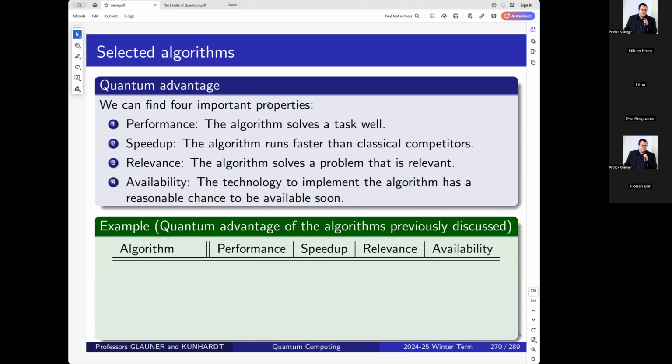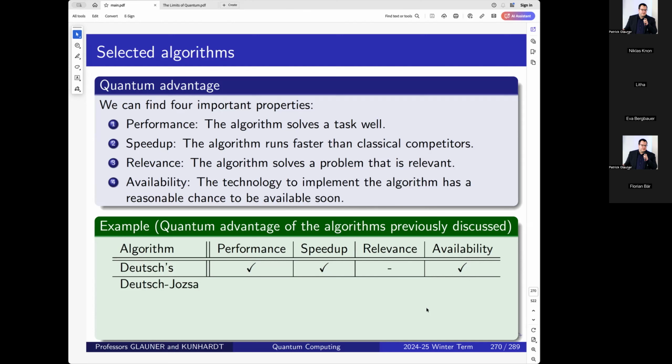Now we have these four algorithms and we can assess them together. The Deutsch algorithm was just about whether a simple 0-1 function is constant or balanced, and we get a minor speedup. The Deutsch algorithm solves this problem well and could be done on a simple quantum computer, but it's absolutely not relevant, as there are probably no real-world applications for this.